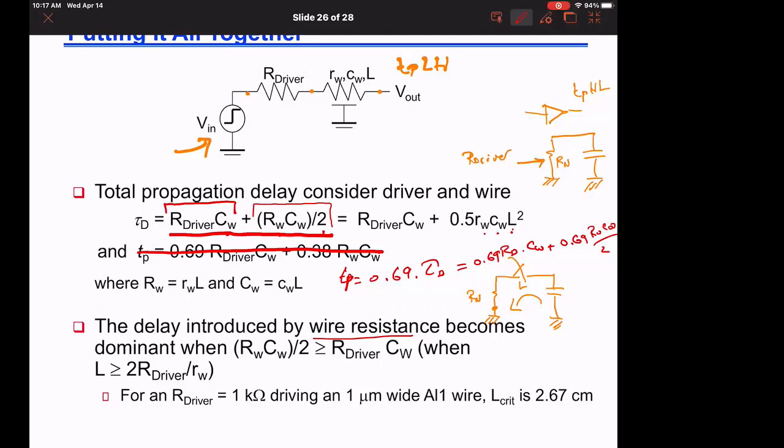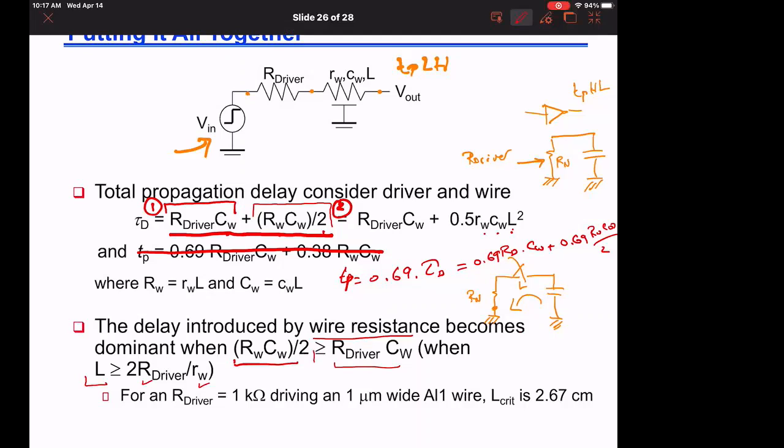Okay, so when term 2 becomes bigger than term 1, I can assume that really the wire resistance has some effect. Okay, and now it's just plugging in values and I can really find the relation between the length of the wire, the R driver and the R little wire.